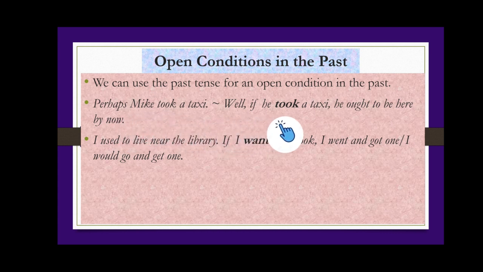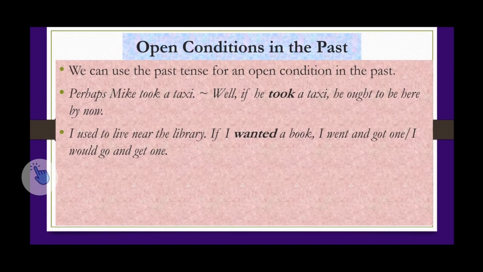Well, if he took a taxi, he ought to be here by now. Now you can see that we are using open condition in the past. That Mike took a taxi. Well, if he took a taxi, he ought to be here by now. Now we are using past tense, but still it is open because it is possible in the present.